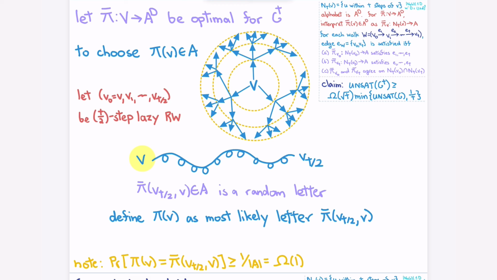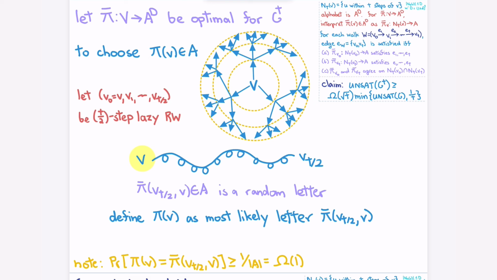So in general, vertices around you have opinions about you, and they'll tend to try to agree because otherwise they'll have to forfeit a lot of constraints. And so we kind of want to do something like a majority vote. So we'll figure out the most likely letter to come up from a random walk of t over 2 steps. So that's some kind of general consensus around you.